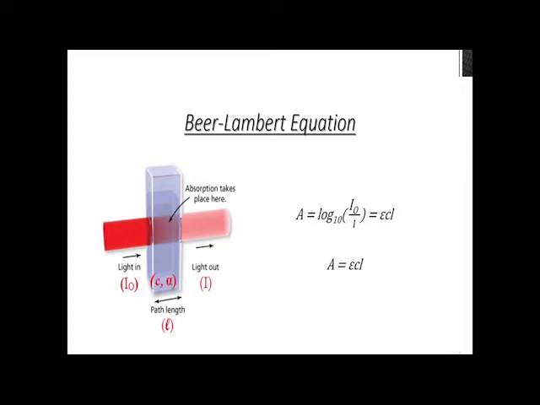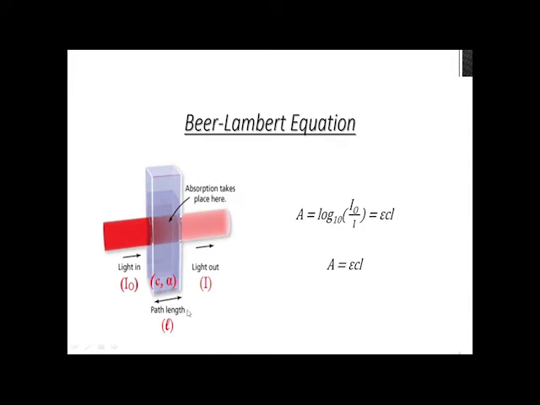The combination of Beer's and Lambert's law is that the absorbance is directly proportional to the concentration of the solution. So the absorbance depends on the molar absorption coefficient, that is A equals epsilon times c times L, where A is absorbance, epsilon is the molar absorption coefficient, c is the molar concentration of the analyte in the sample, and L is the path length.